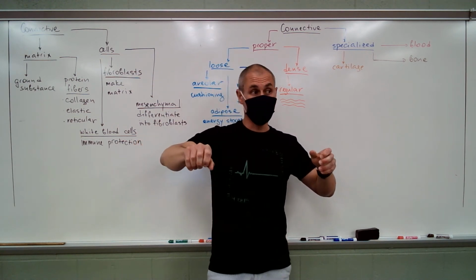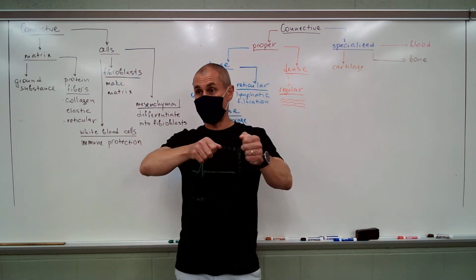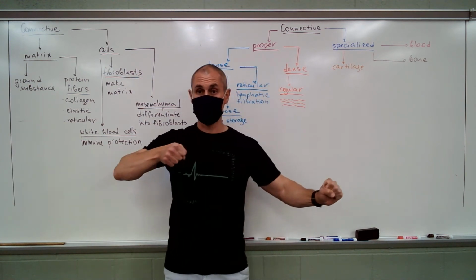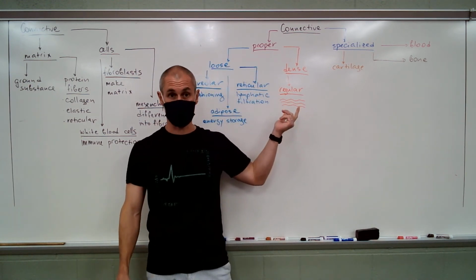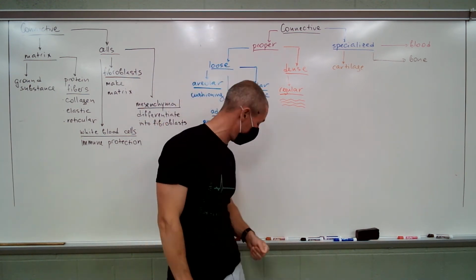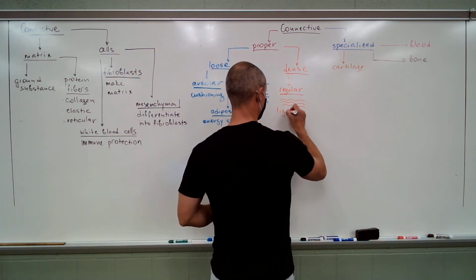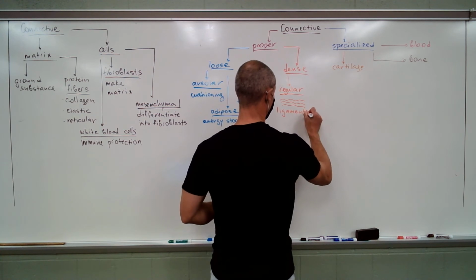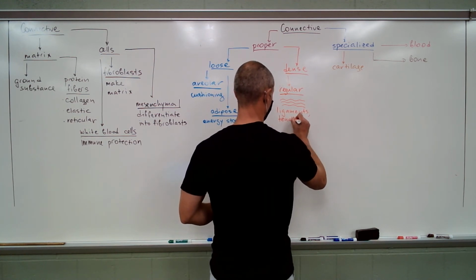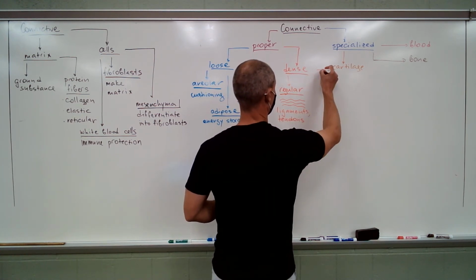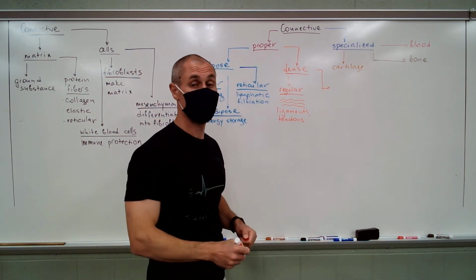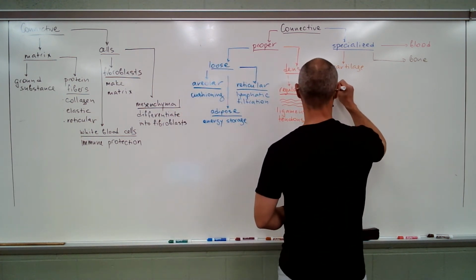It's not real good at forces that come at an angle, but if you pull in one direction that matches the direction of collagen fibers, you're going to be fine. So it will comprise structures like ligaments and tendons. Well, if you have regular, you've got to have irregular.